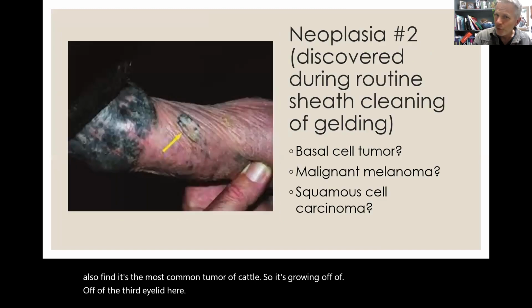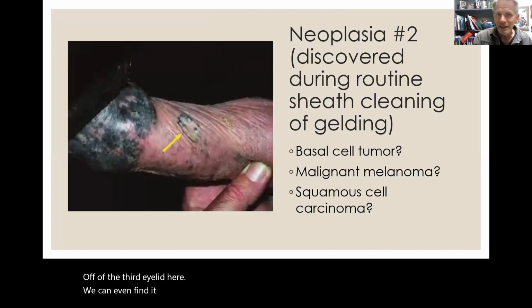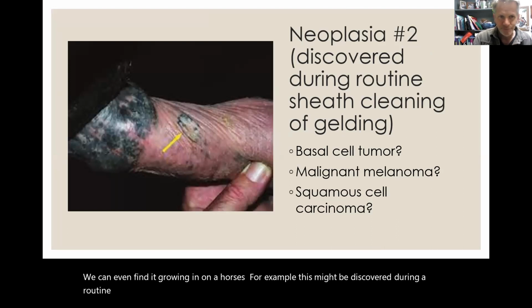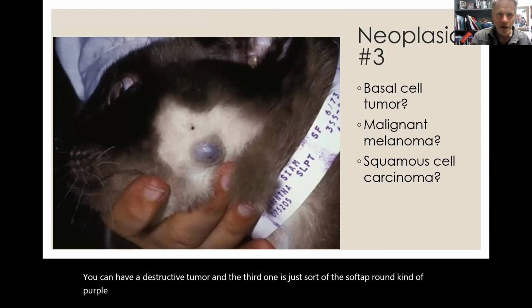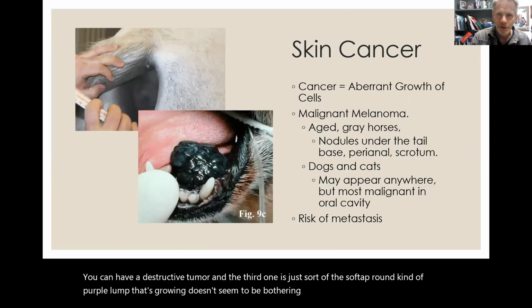We can even find it growing on a horse's penis, for example. This might be discovered during a routine sheath cleaning. All right, so then kind of a destructive tumor. And then our 3rd one is just sort of this soft, round, kind of purple lump that's growing. Doesn't seem to be bothering that cat.